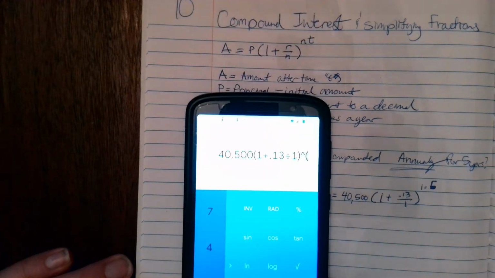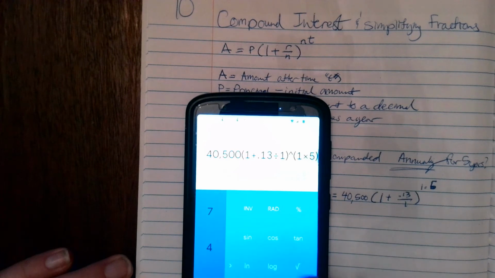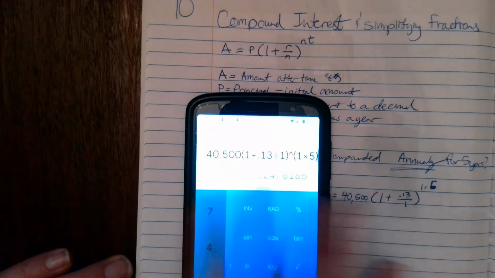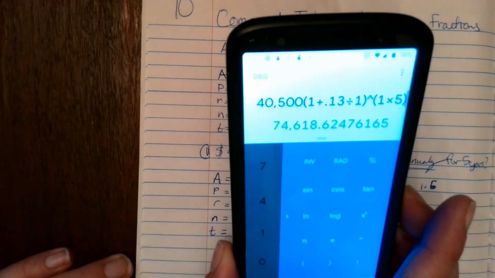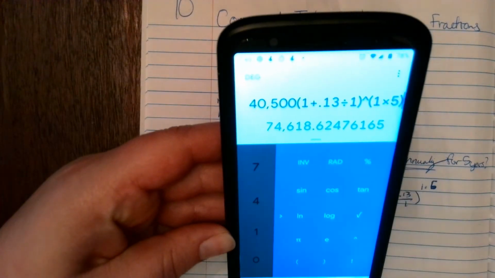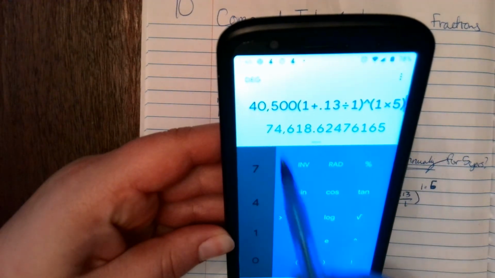And I'm going to do parentheses so that they know everything is in the power. And that is it. I don't think you can see. So this up arrow is what I use to get the exponent, and this is my answer.